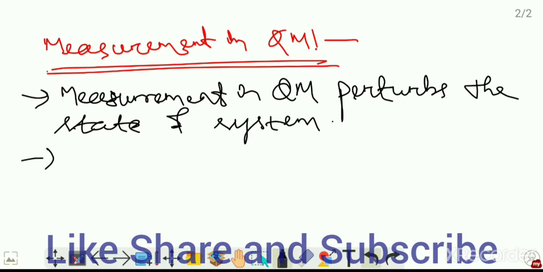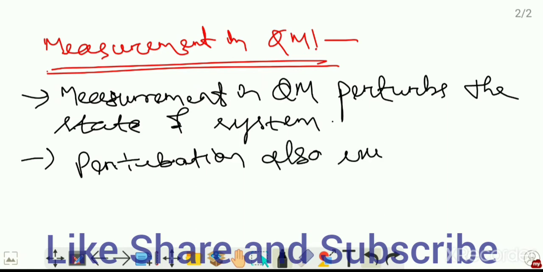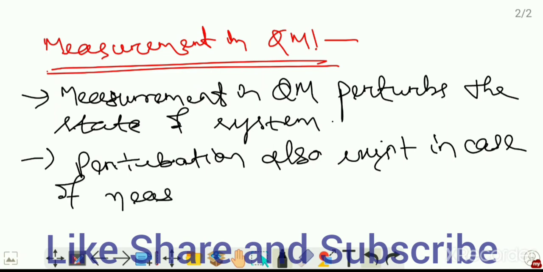The perturbation in measurement also exists in the case of classical mechanics, but this perturbation is so small that it can be neglected.